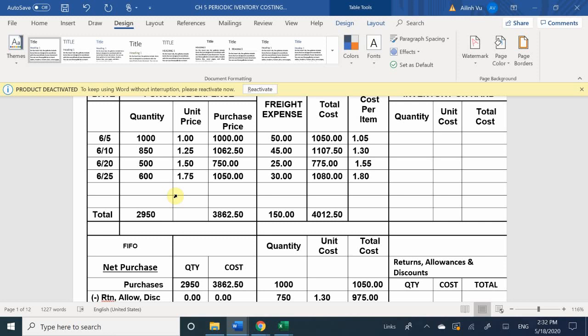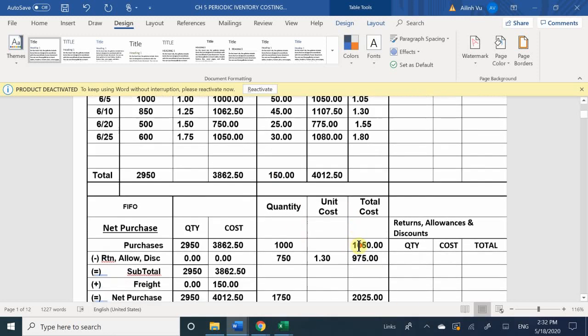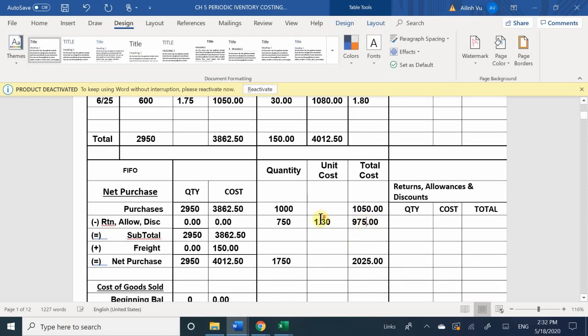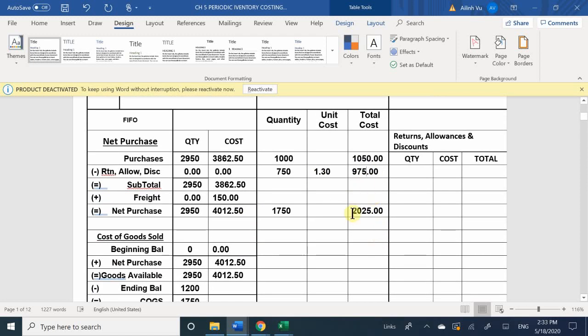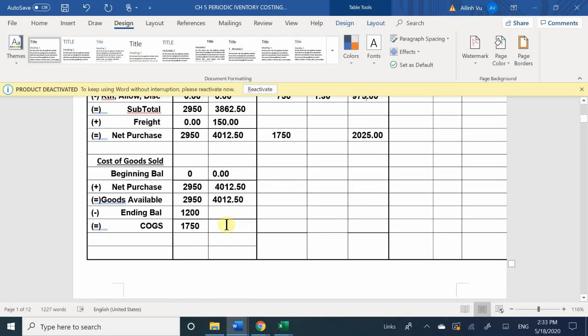That is why we did 750 multiplied by $1.30, and that's where we got 975. If you add these two together, you get a total cost of $2,025, which is the total cost of selling all 1,750 items.